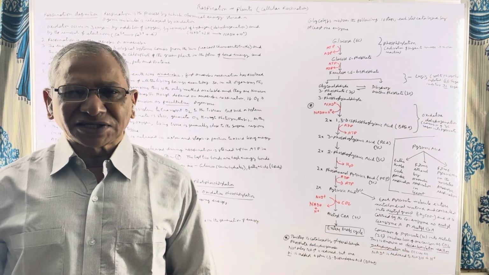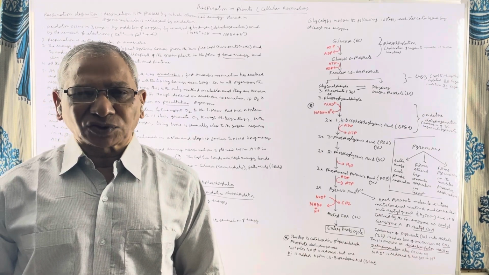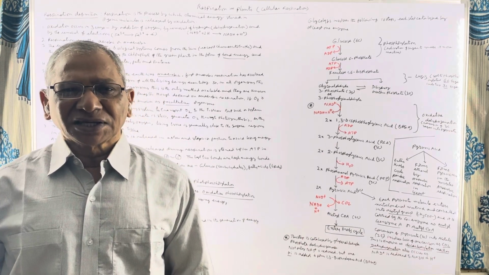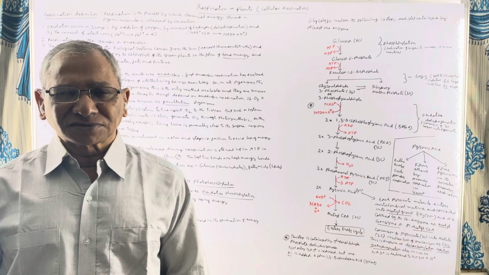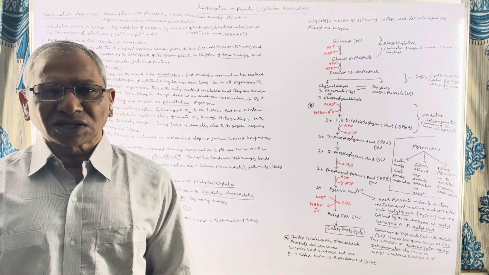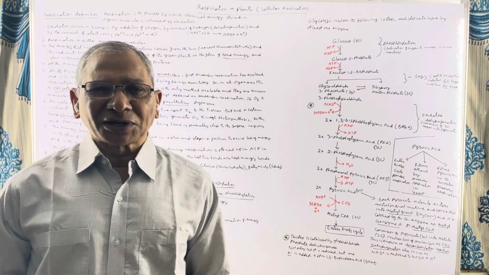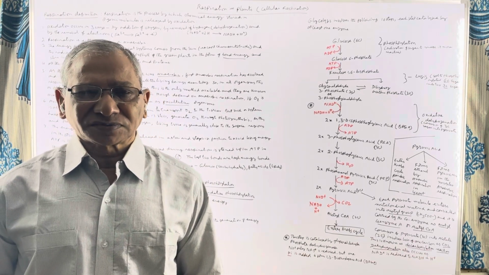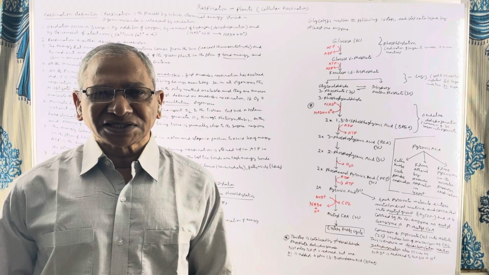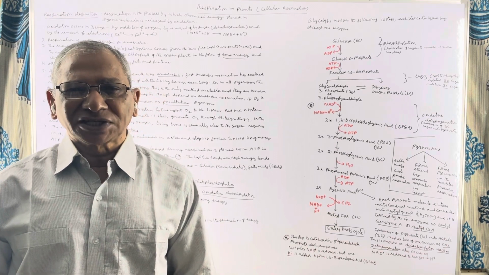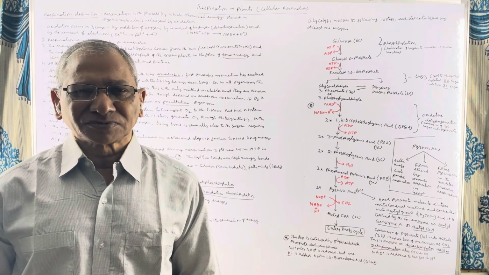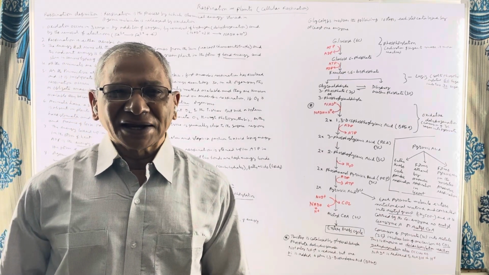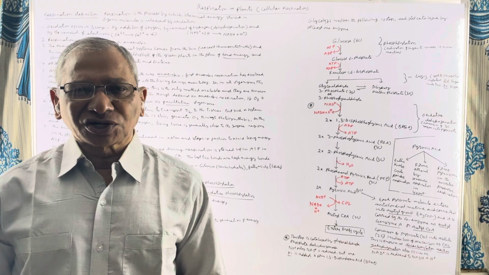If all the energy is released at once, in one step, what happens? Much of the energy is lost in the form of heat. So to avoid this loss, the respiratory process is slow and stepwise. As a result, energy is released in small amounts in different steps. And this energy is picked up by ADP and converted into ATP.